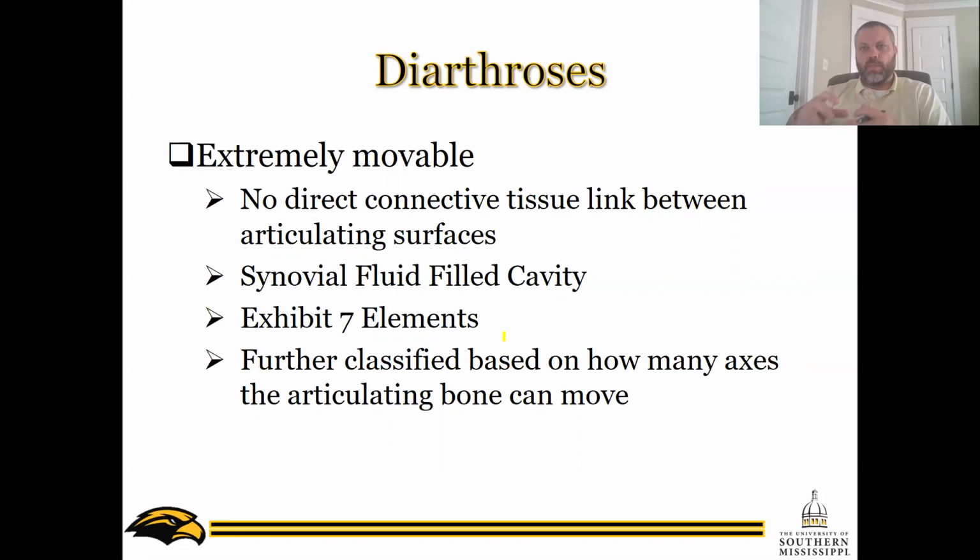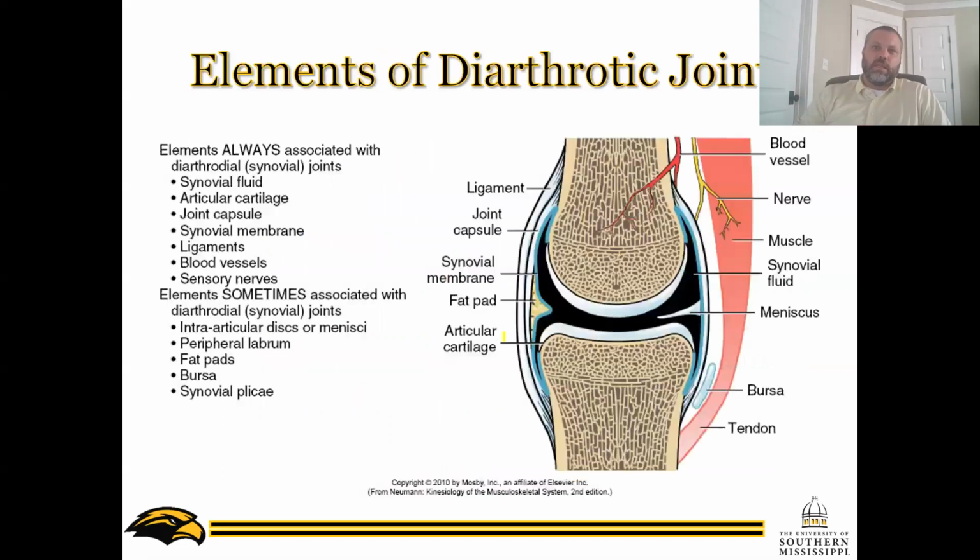But the one thing that is common amongst all diarthritic joints, or to be classified as a diarthritic joint, is they have to have these 7 elements. So it needs to have synovial fluid, articular cartilage, a joint capsule, synovial membrane, ligaments, blood vessels, and sensory nerves. You have to have all of those.